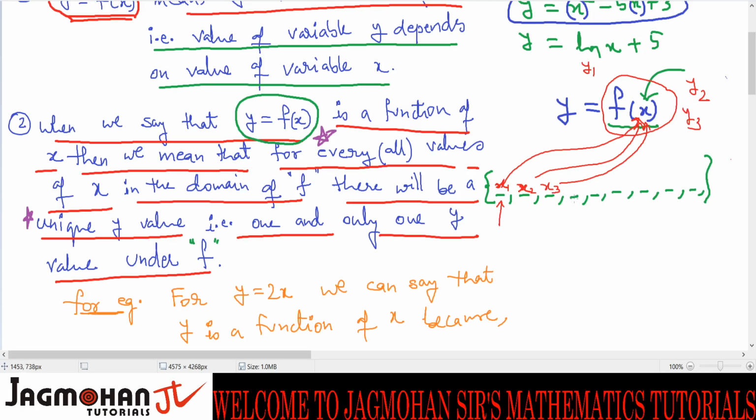What I notice is, every single time I take one x value from this domain set and substitute it in the function, I'm getting a unique value of the function.